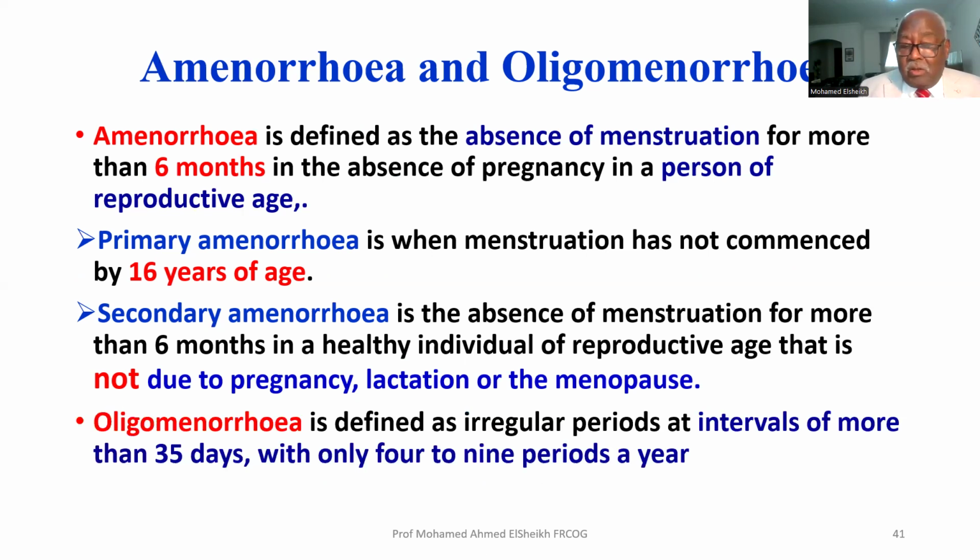Oligomenorrhea, on the other hand, is defined as irregular periods at intervals of more than 35 days, probably with only 4 to 9 periods per year. Most of the time, the cycle goes beyond 35 days. That is oligomenorrhea.